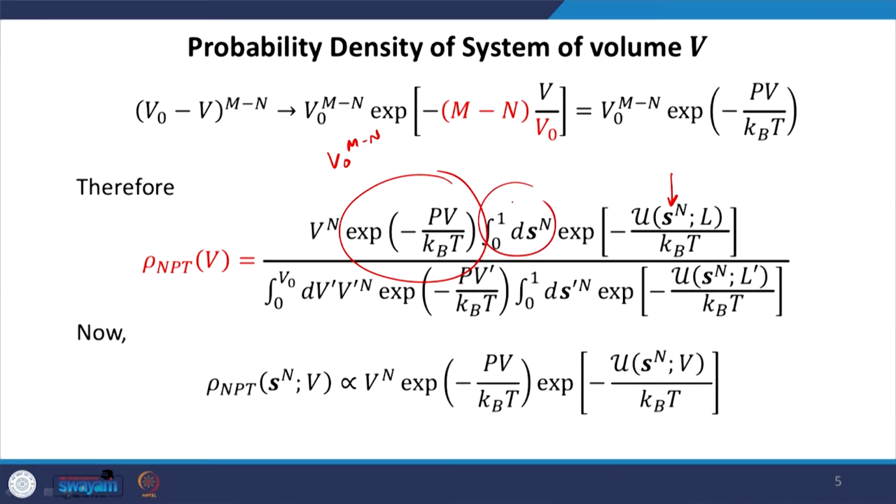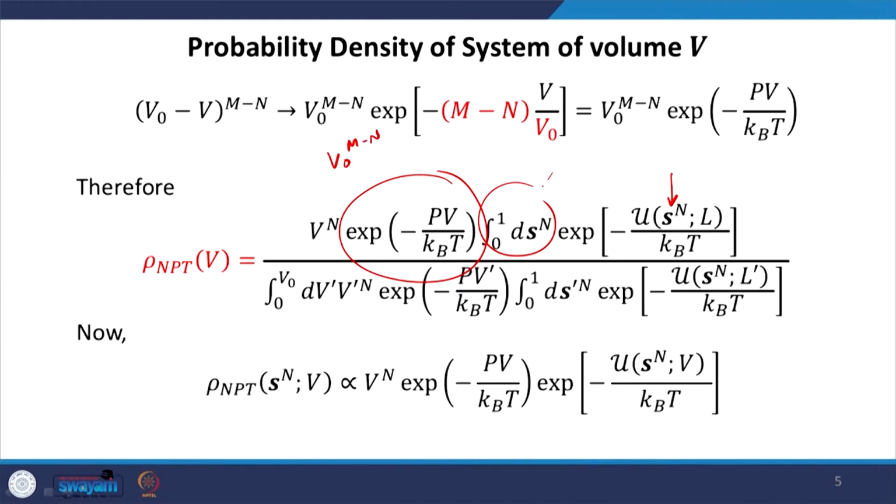So, if I now ask what is the probability density of a particular configuration at volume V, in that case we are interested in the term inside the integral, not the integral, right, because this is integrated over all the configurations.